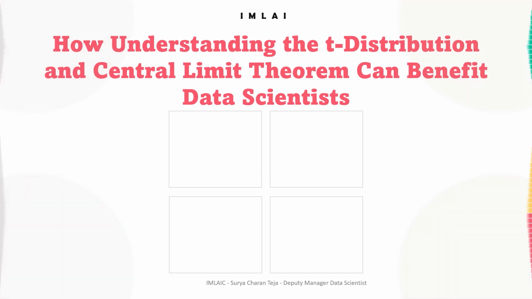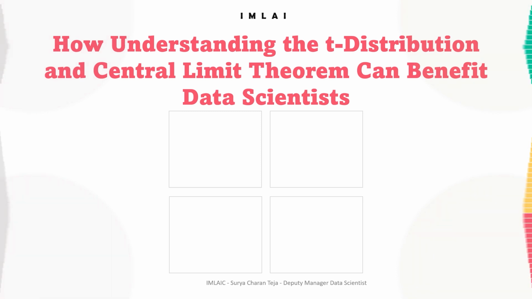It's similar to the normal distribution but has heavier tails and a flatter peak. The t distribution is important because it allows us to perform hypothesis tests and construct confidence intervals for population parameters such as population mean when the sample size is small or when the population standard deviation is unknown. That is the reason the t distribution is very, very important.